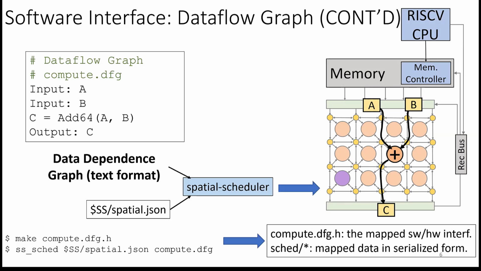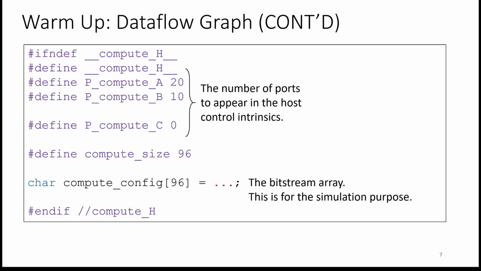Next, shall we just open the compute.dfg.h to see what the spatial scheduler dumps? It should roughly look like this, and you may see a lot of pragmas here.